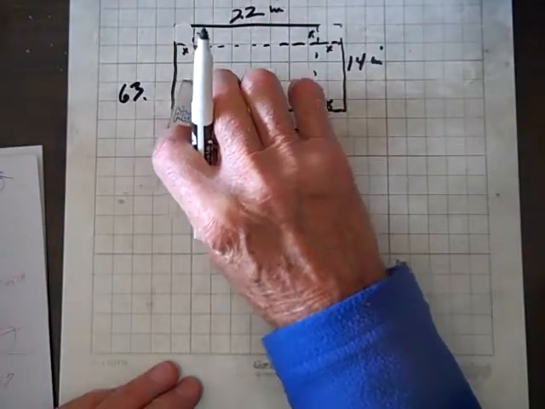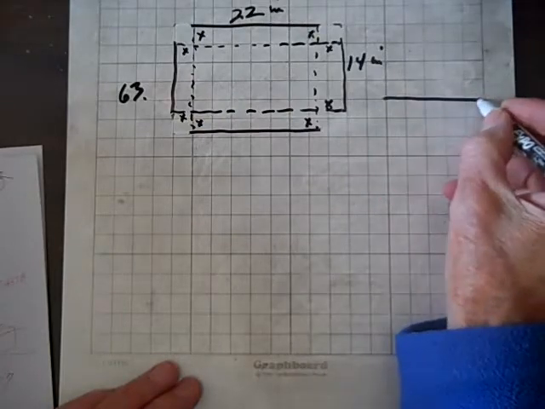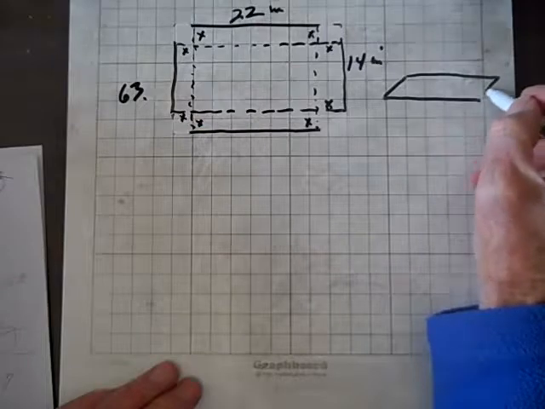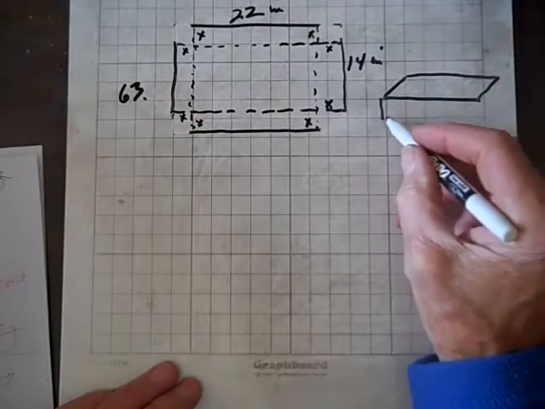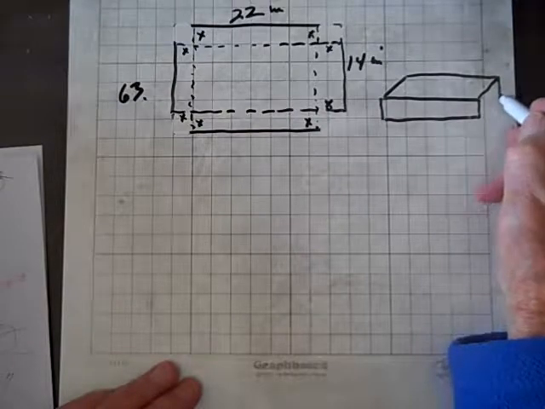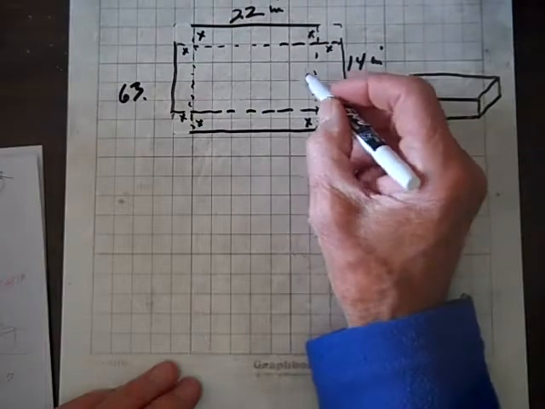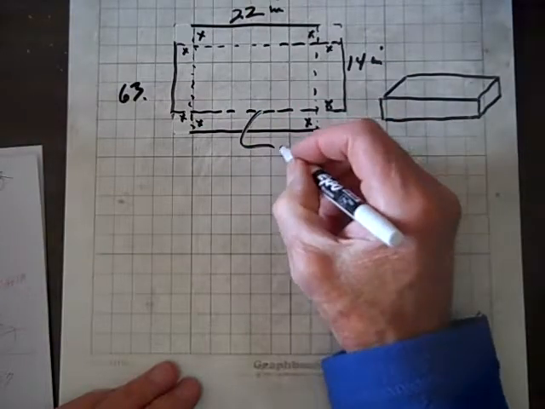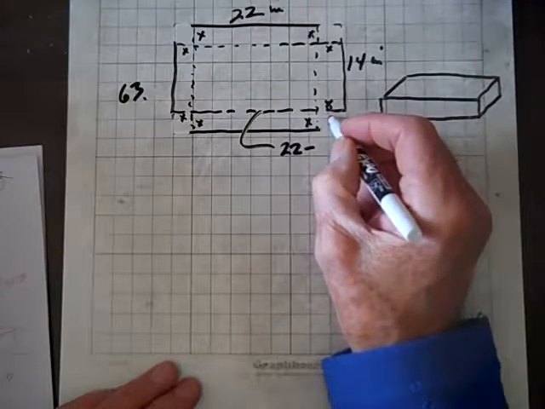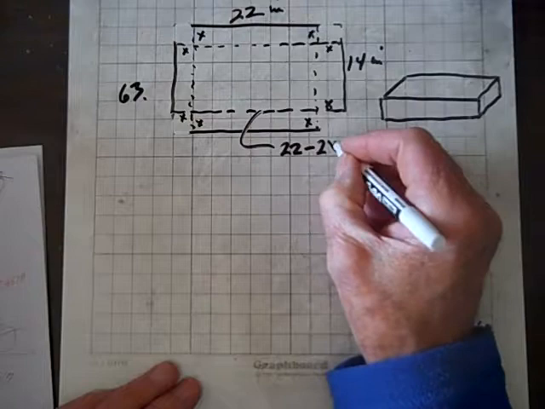And then when we fold the corners up, we'll actually have our box. And the dimensions, this distance will be 22 minus, and we've subtracted an x from this side and x from that side, minus 2x.